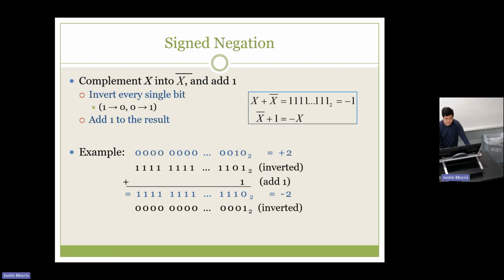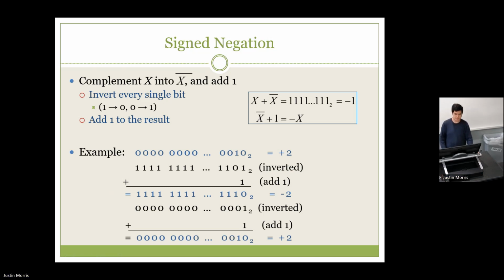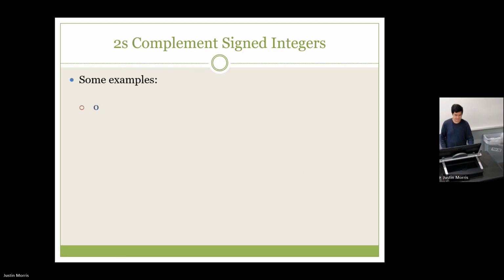And if we wanted to convert that back, first add 1, we come back to +2. Example 0. So 0 is just all zeros. -1 is all ones, right, because you invert, add 1 and it comes back.